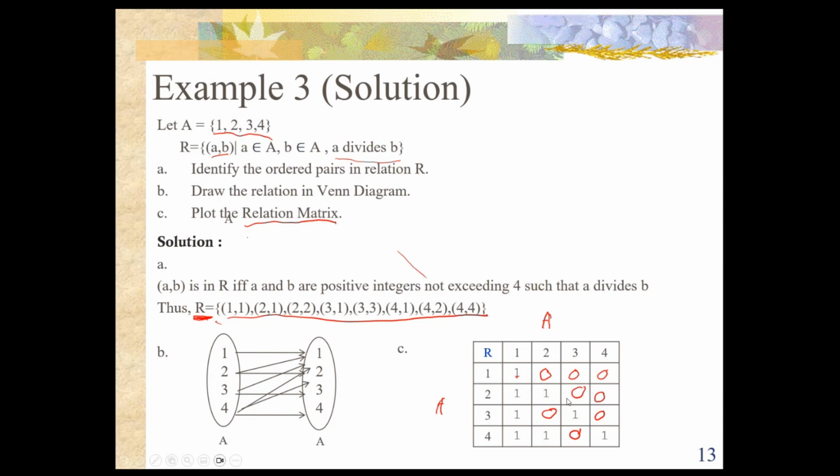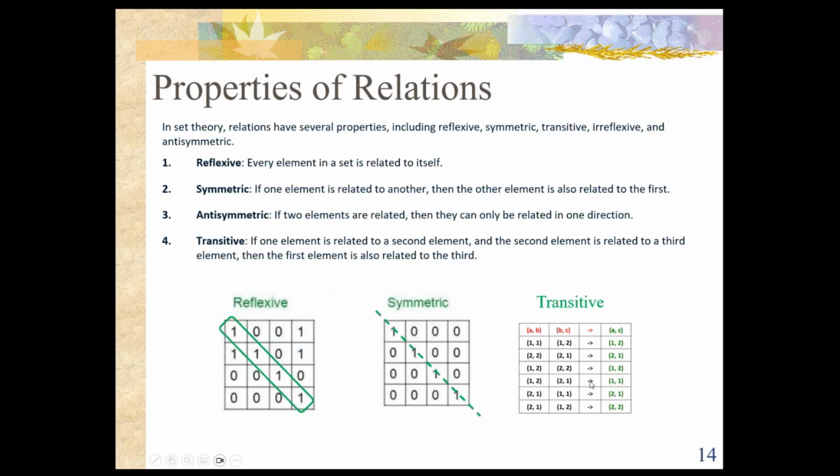Let's move on more on relation matrix. So when we have many relation matrices, you will start noticing that there are certain patterns of the ones and zeros. And these patterns can be analyzed from the following perspective.